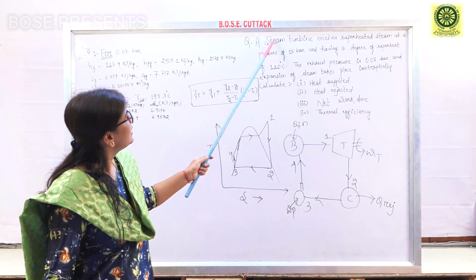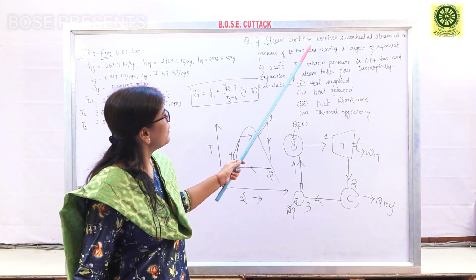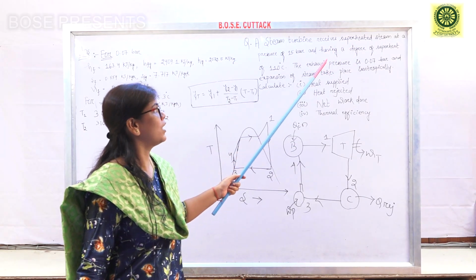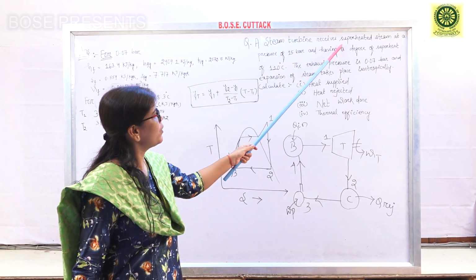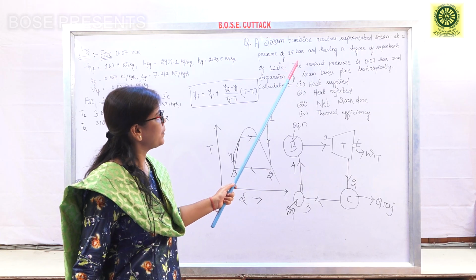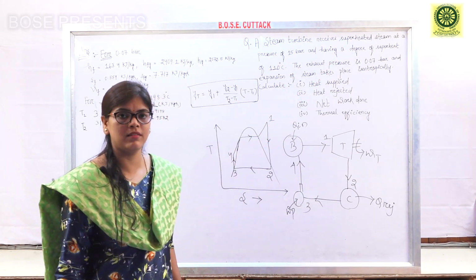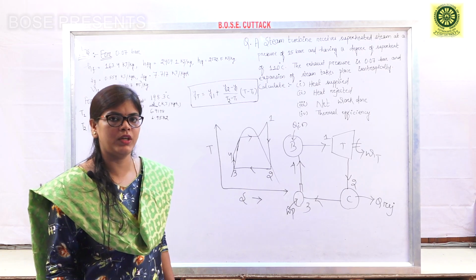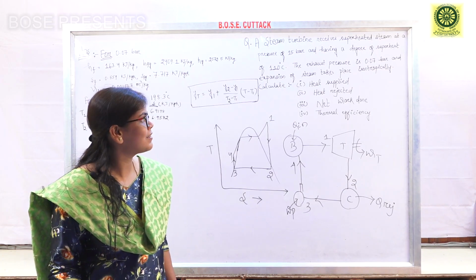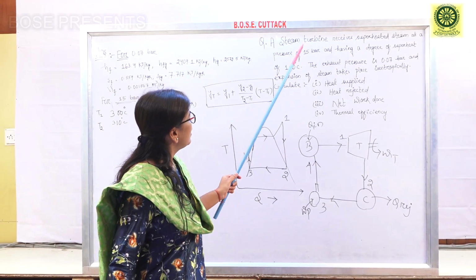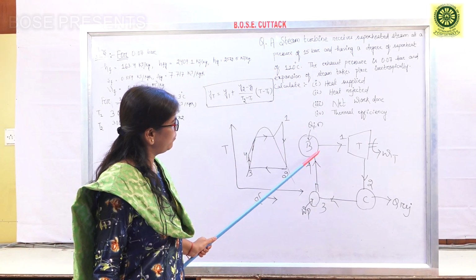So here it is clearly mentioned, a steam turbine receives superheated steam at a pressure of 15 bar. As it is mentioned here, superheated steam, so it is indirectly showing that this cycle is based on your Rankine cycle. And see here, I have also shown you a flow diagram.